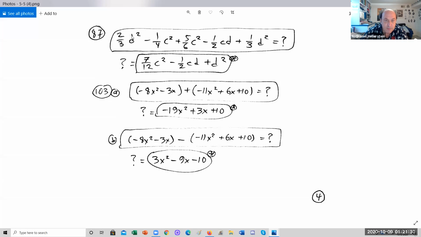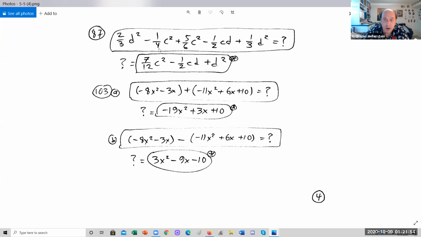All right. Here we have a longish one with two variables, so we have to be careful about like terms. We have a d squared term, and here's another d squared term: 2/3 d squared plus 1/3 d squared. 2/3 plus 1/3 is 1, so 1 d squared.